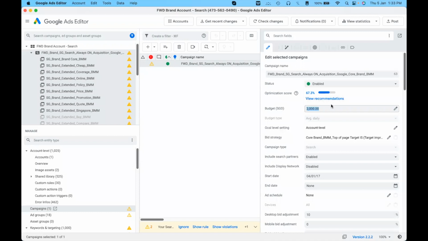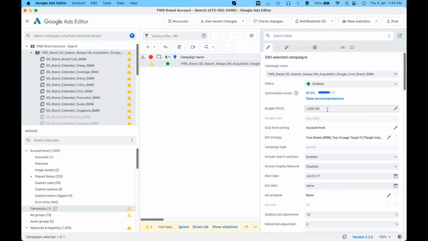Now, if you can see at the bottom, it says average daily budget. So we are telling Google that you are allowed to spend 2,000 Singapore dollars on a daily basis for this campaign. If I put a lifetime budget or a monthly budget, then it will spend $2,000 in 30 days, and it may spend it unevenly.